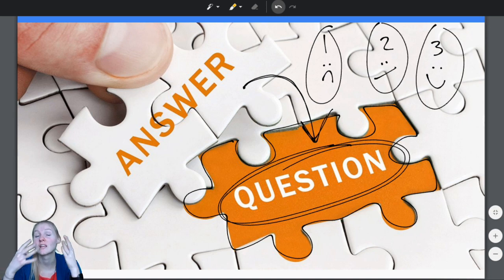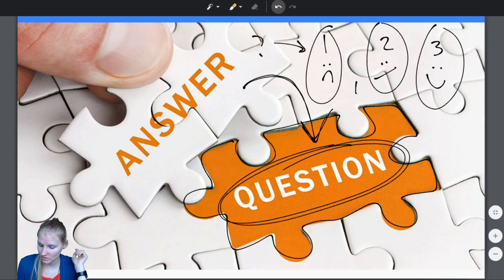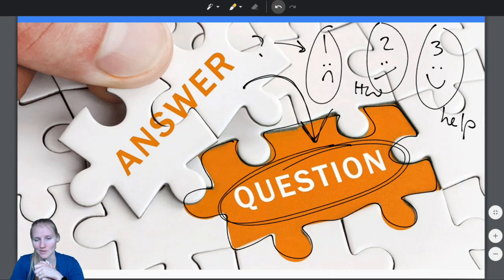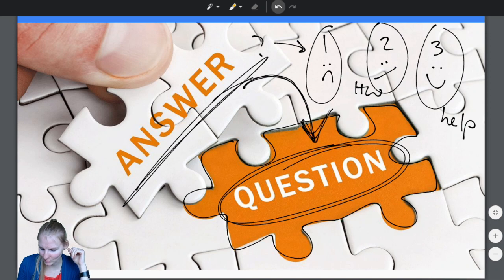Do you understand how the graph of a system of linear inequalities works? Can you write a system of linear inequalities given a graph? Ask questions, try the homework, help a friend, whatever it is that you need to do. But get your questions answered. Put that puzzle piece in the hole of your understanding.